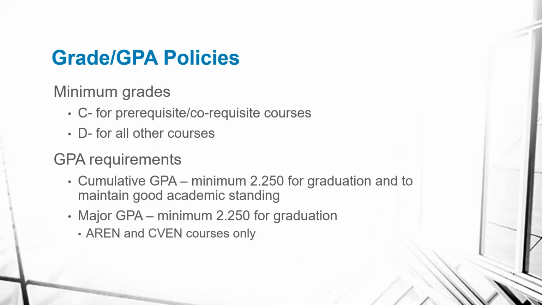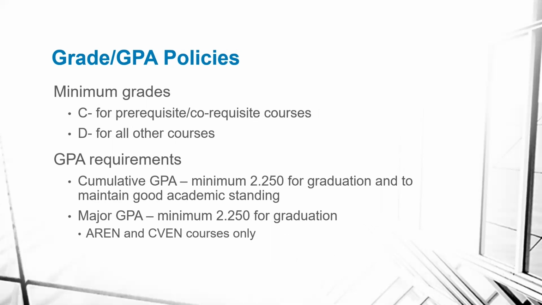In addition to coursework policies, you also need to remember minimum grade and GPA requirements. For civil and architectural engineering, the minimum passing grade is a C- for any course that is a prerequisite or co-requisite for another course that you need to take. Otherwise, the minimum passing grade is a D-. You also have two GPA requirements.